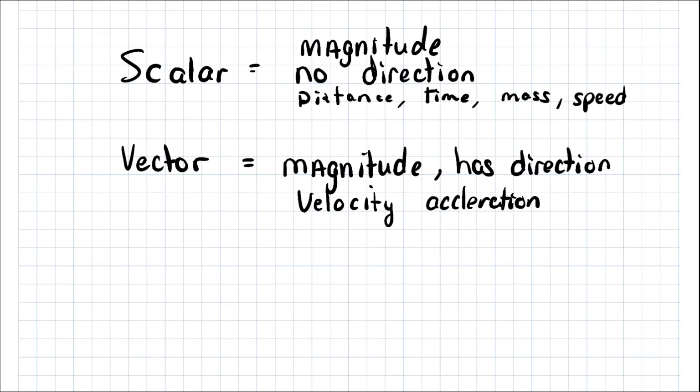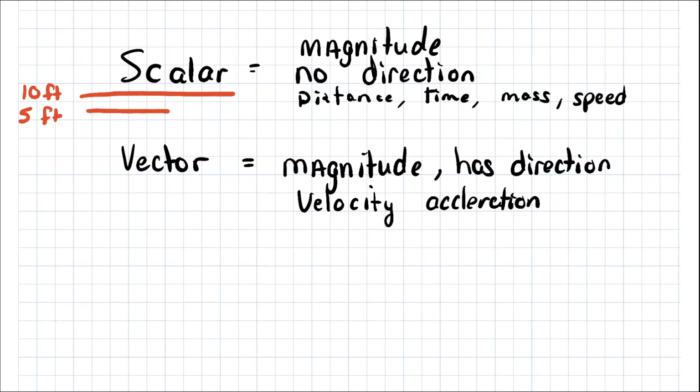Now, if we were to draw these out, for scalar quantities, this would be, let's say, a representation of a distance. You notice that there's no arrow indicating whether this distance moved was to the right or to the left. And the length of that scalar quantity will help to describe what the magnitude is. This one right here is smaller, so this would be maybe 5 feet instead, roughly half of that.